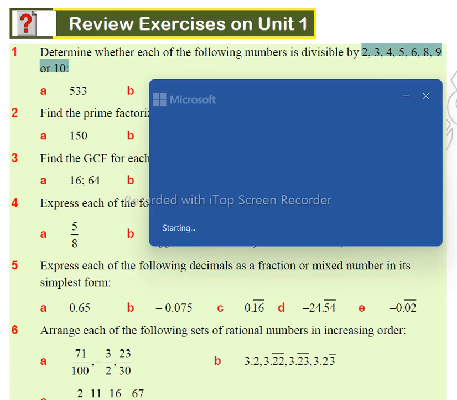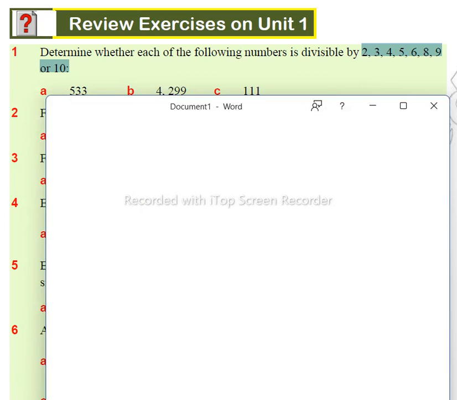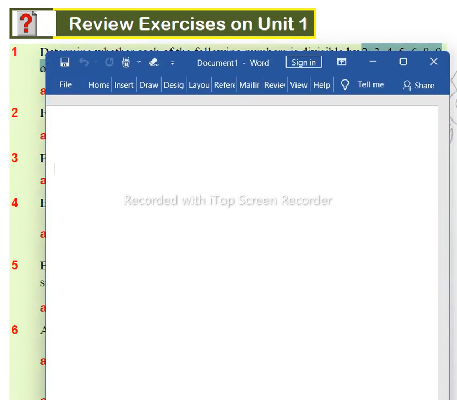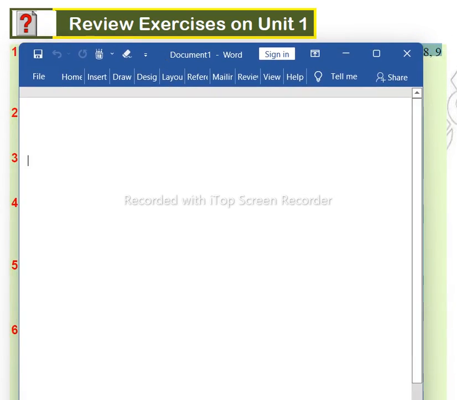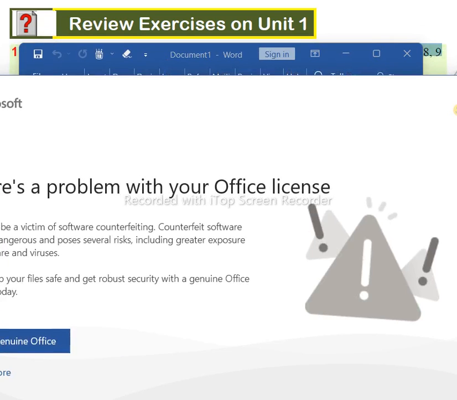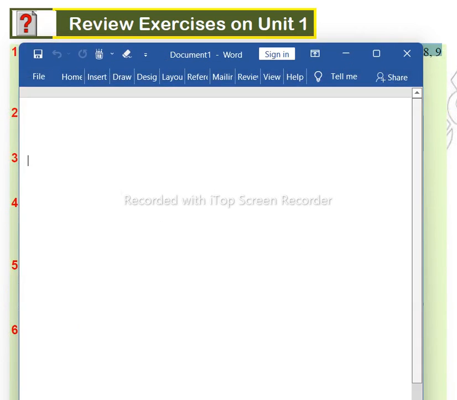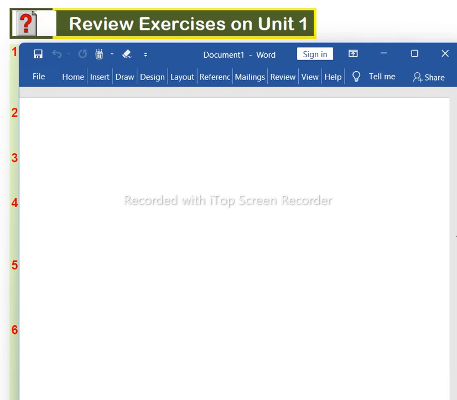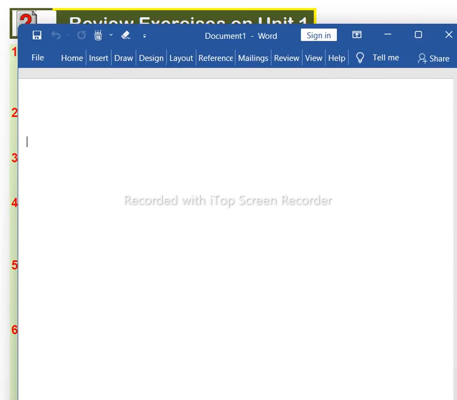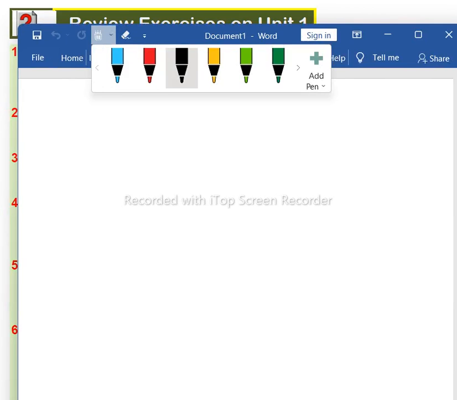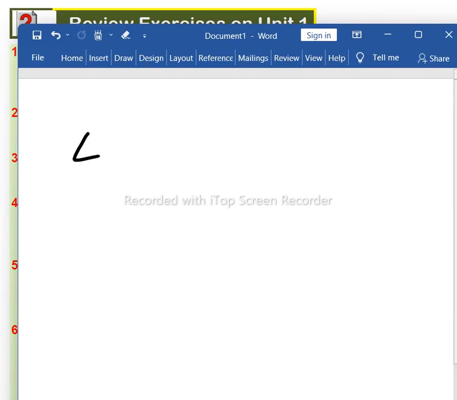As we saw before, a number is divisible by 2 if the last digit of the given number is divisible by 2. For example, take 432. As we see, 2 is divisible by 2, so this number is divisible by 2.